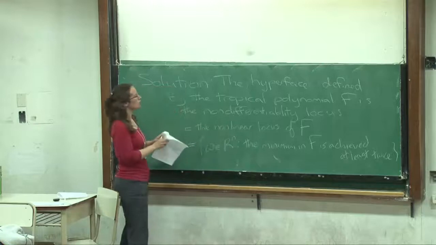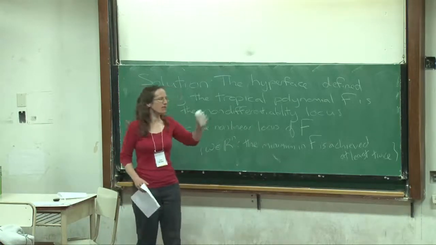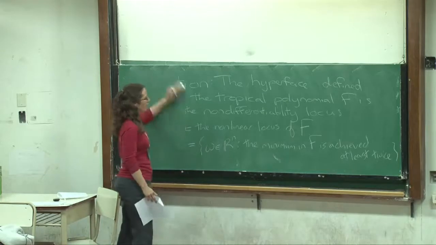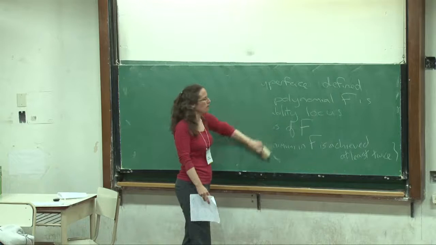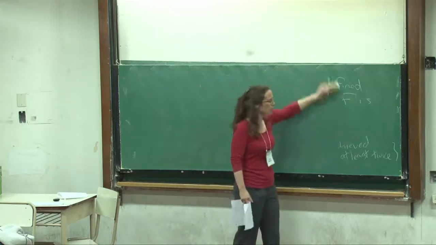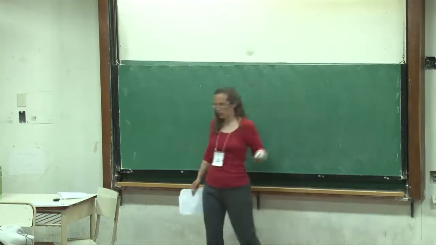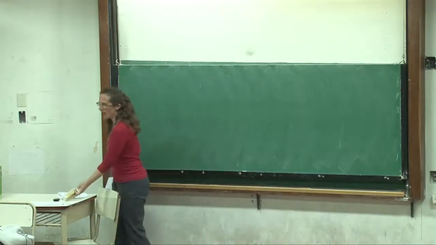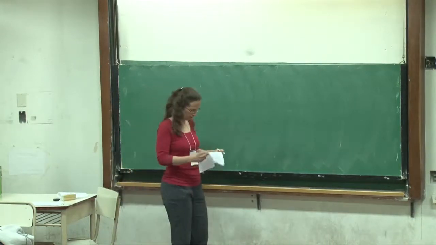I want to start with a polynomial over a usual field and tropicalize it. If you give me a normal polynomial, I'm going to read every plus sign as a tropical plus, and every multiplication sign as tropical multiplication. And I have to do something with the coefficients, so I'm going to take their valuation.